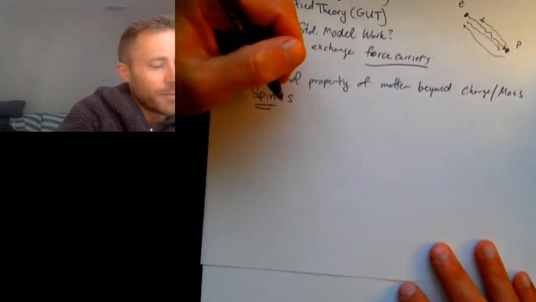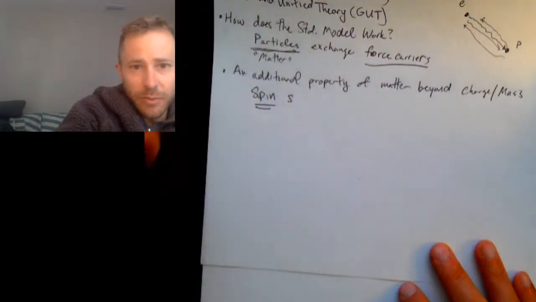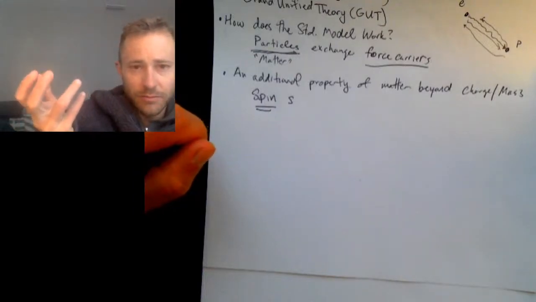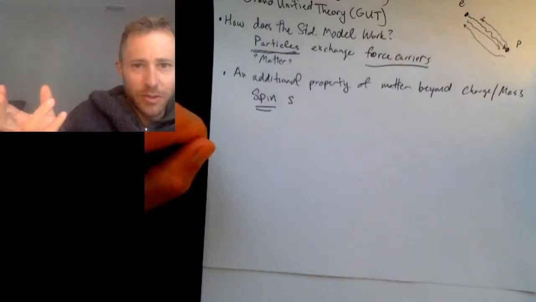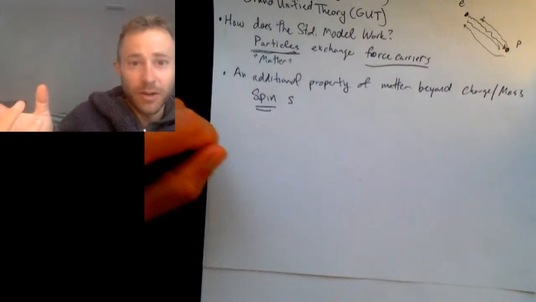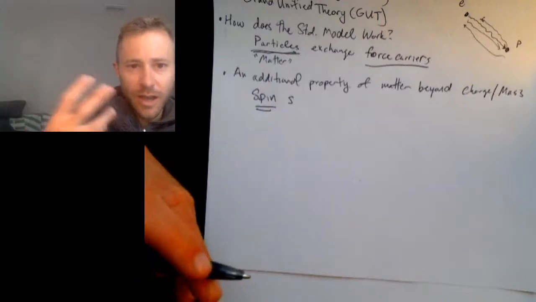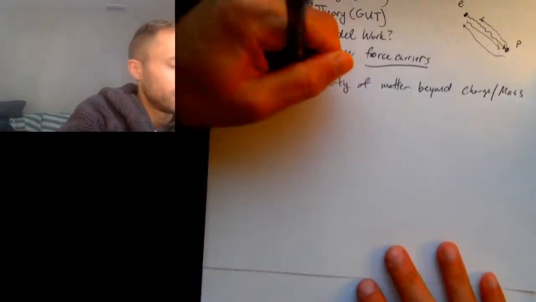And basically, spin is exactly that. Elementary particles are spinning around. They're not actually spinning, but they behave as if they're spinning around. Okay, so it's called an intrinsic angular momentum.